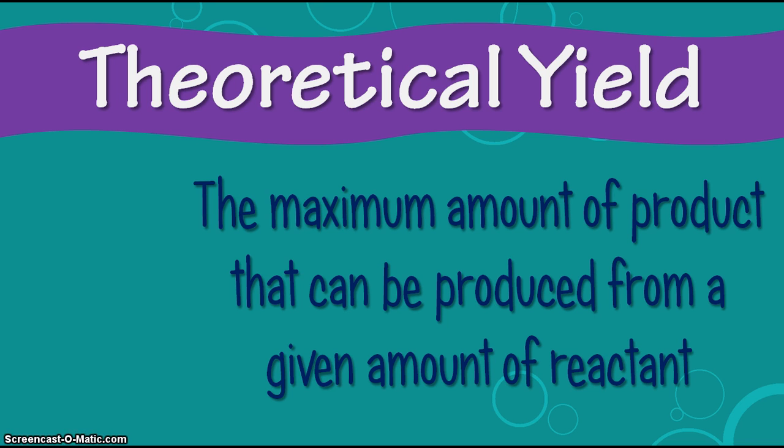So there's no way to go into the lab and end up producing more than what you should be able to get. Now obviously there's ways to produce less: laboratory error, human error, any mistakes, any loss of reactant could result in you producing less. But theoretically, you could not produce more than this amount calculated.